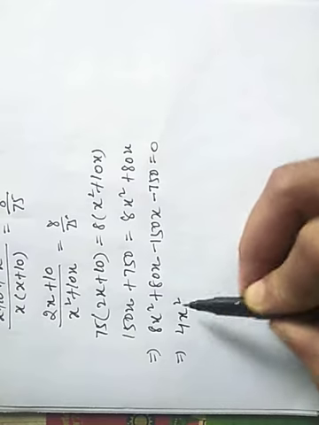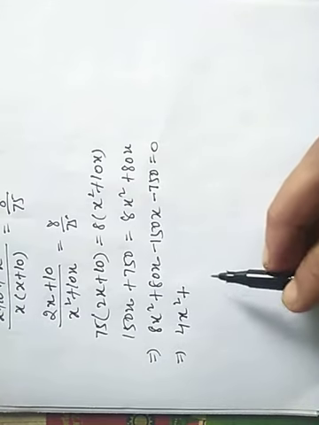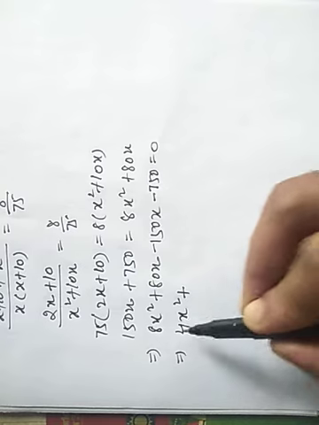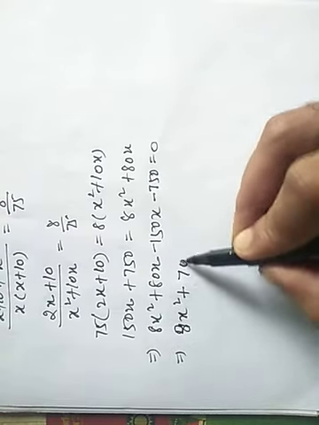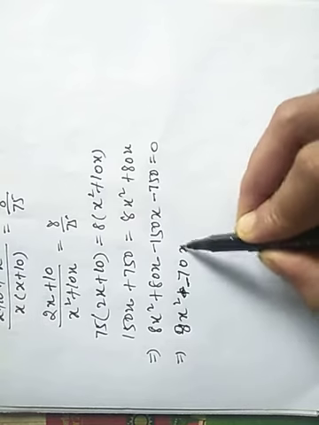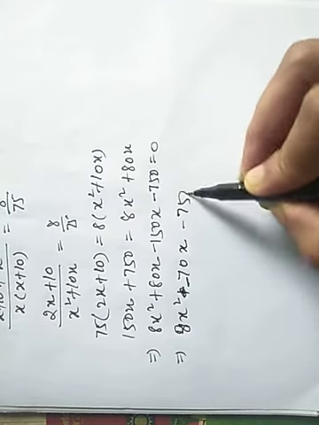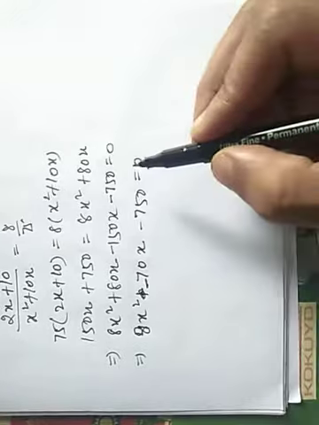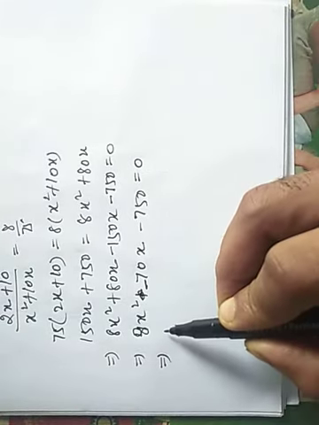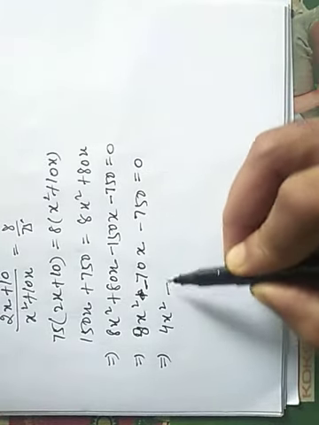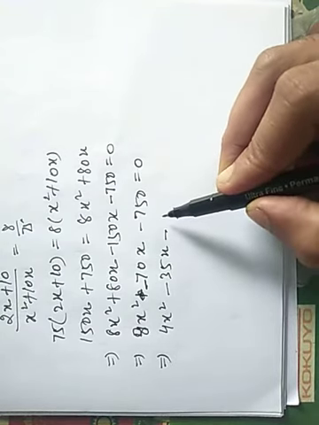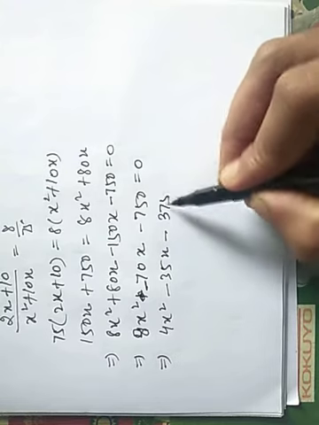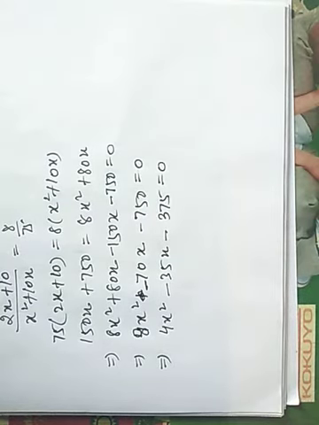We will get 4x square plus, first of all we can solve this part here, we will get minus 70x minus 750 is equal to 0. Now we can take 2 common. We will get 4x square minus 35x minus 375 is equal to 0. Now we can solve it easily.